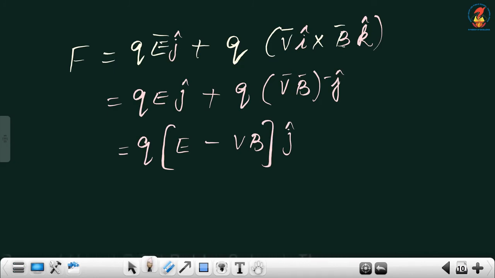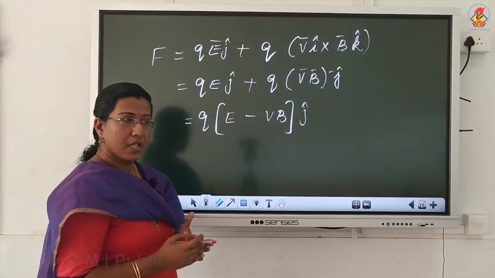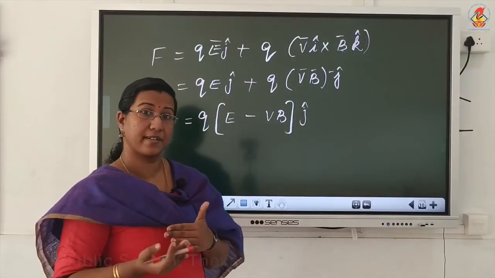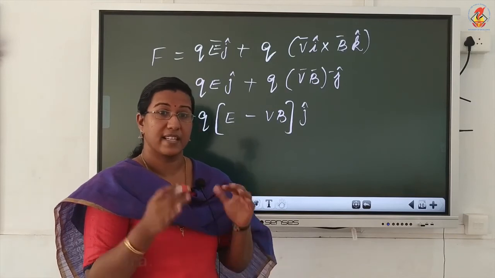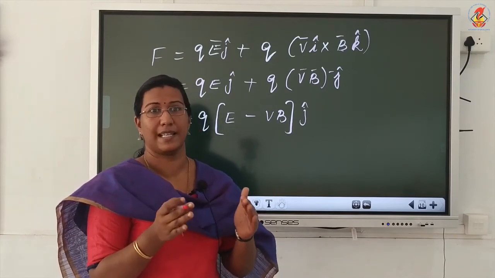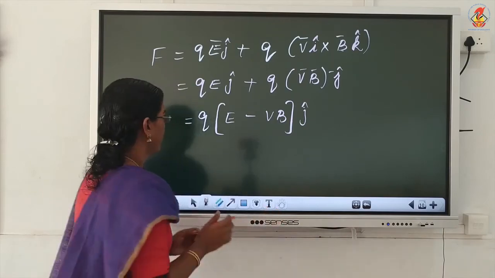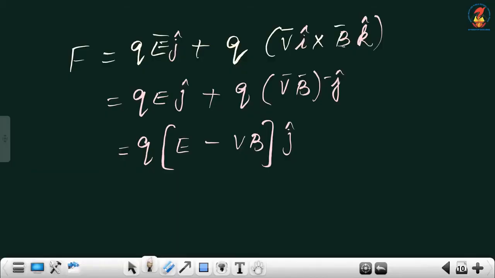Now, imagine a condition in which I am adjusting the magnitude of the electric field and the magnitude of the magnetic field in such a way that the net force acting on the particle is equal to 0.